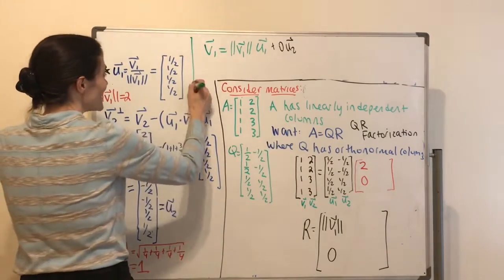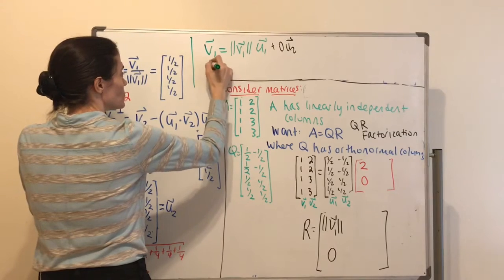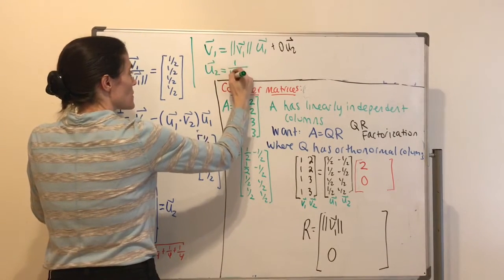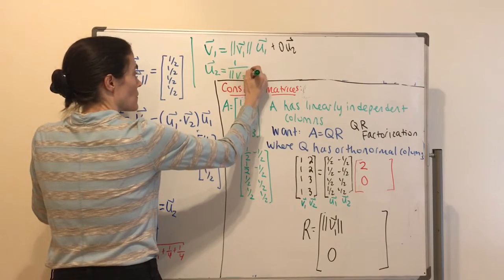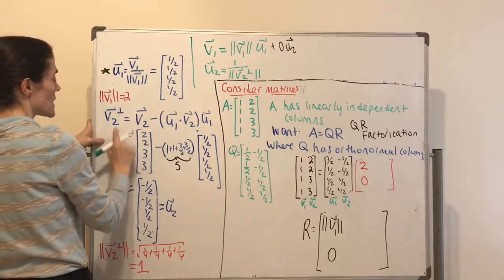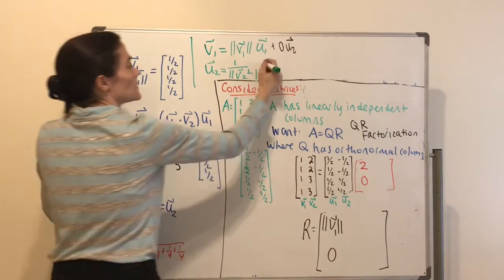Okay, so from this, we get that U2 is 1 over the length, well, times this thing. This is equal to this.